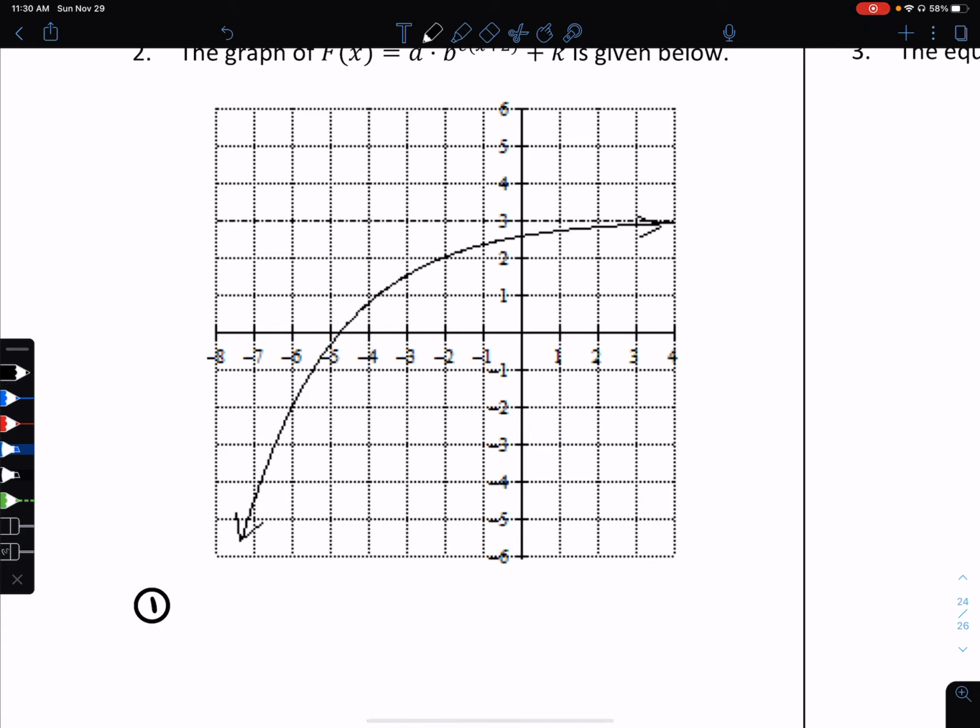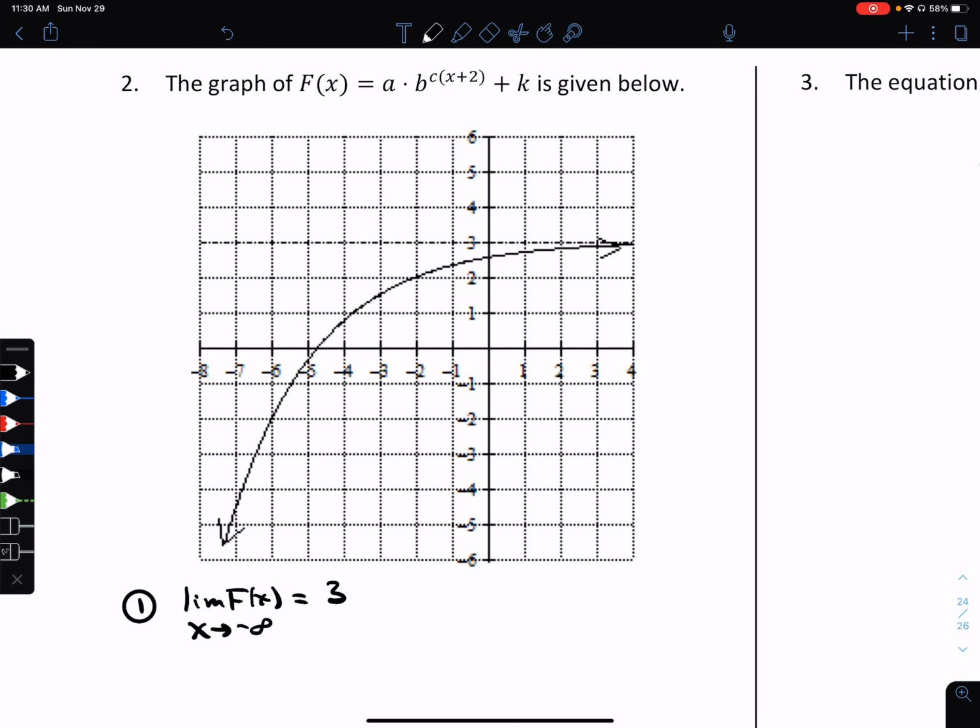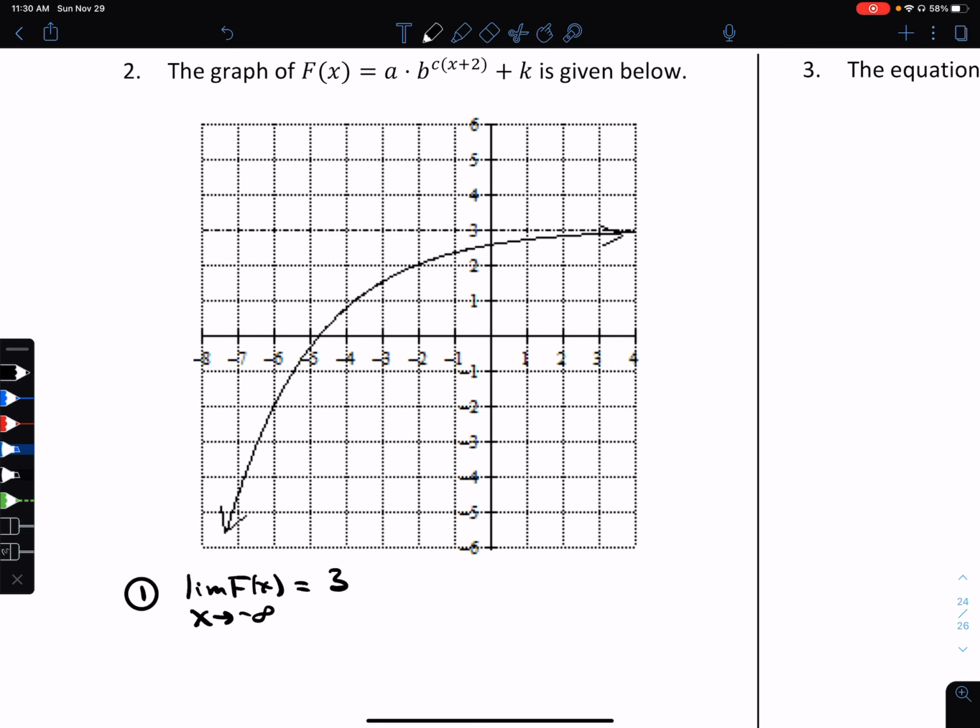The limit of f of x as x goes to the right forever is going to 3. So what does that tell us? That tells us that f of x has a horizontal asymptote at y equals 3. That tells us that k equals 3.